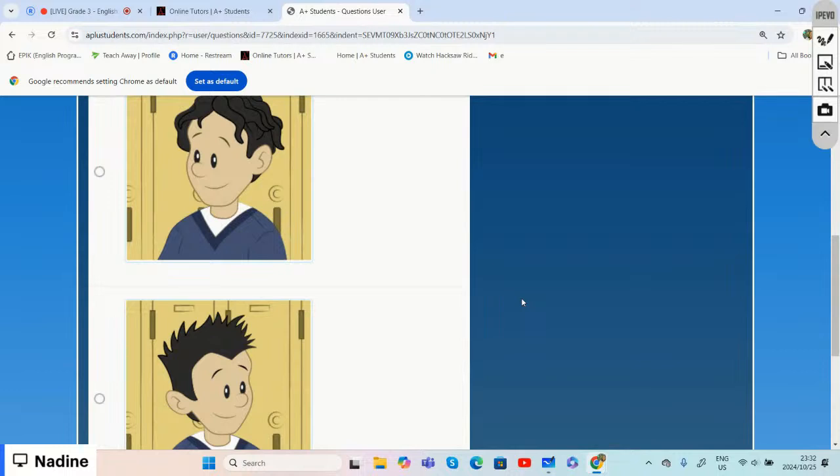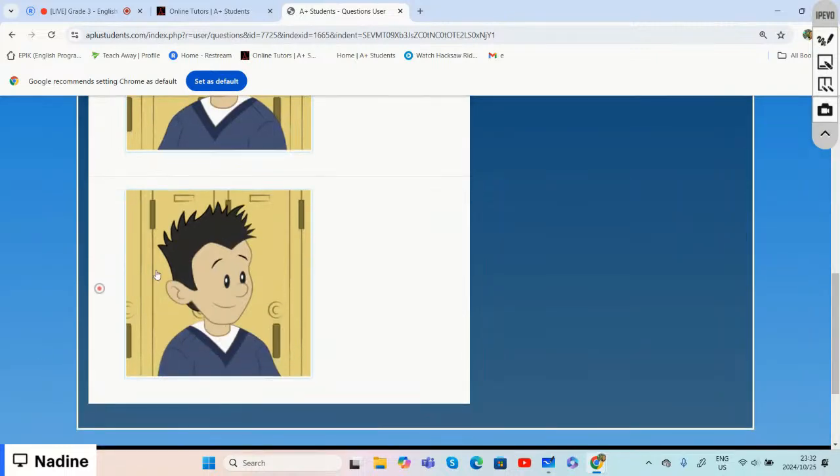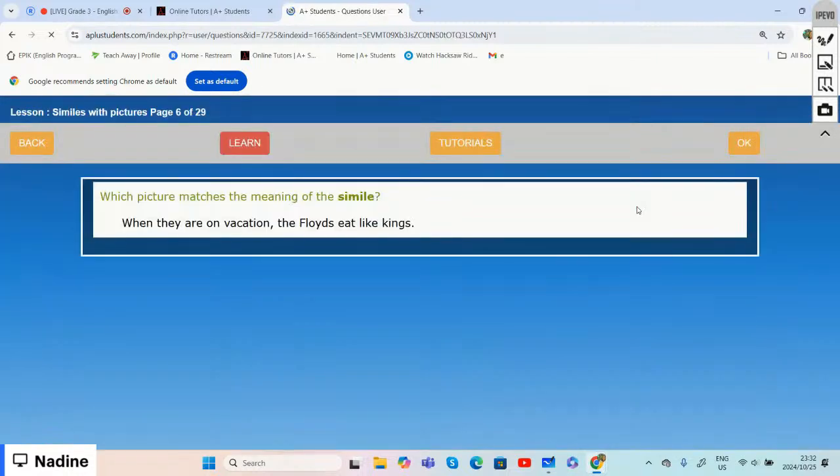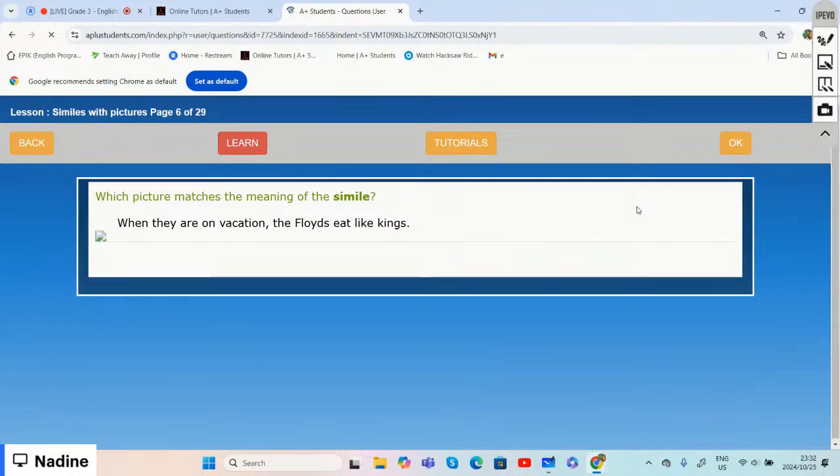So which picture shows that his hair looks like a cactus? And if we were to choose the correct option, we'll choose option two. Remember, a cactus stands up straight or upright.